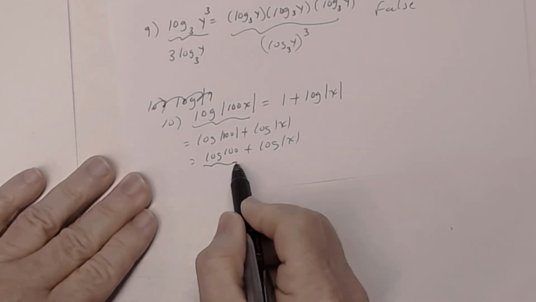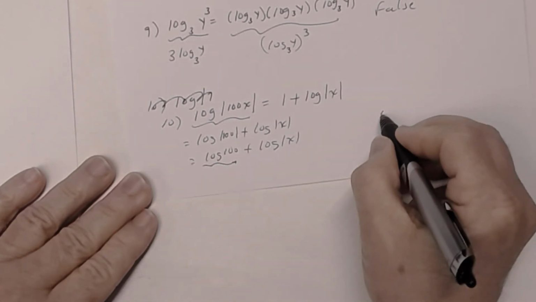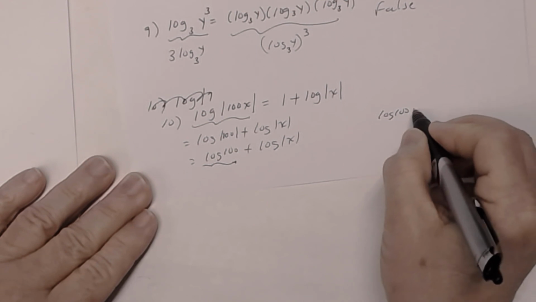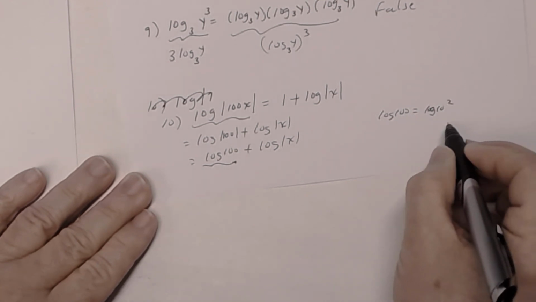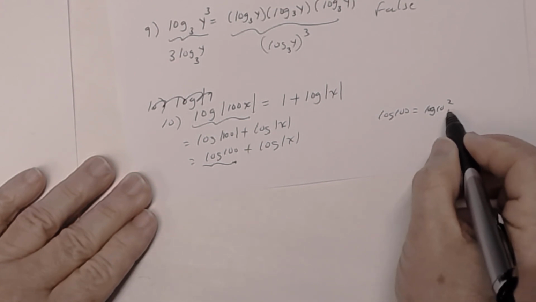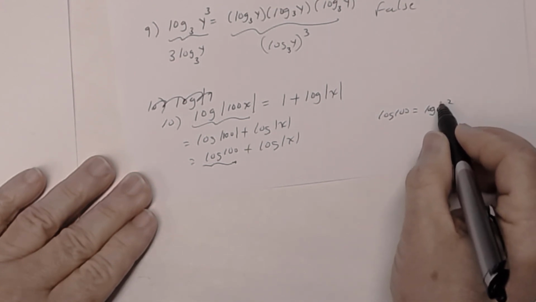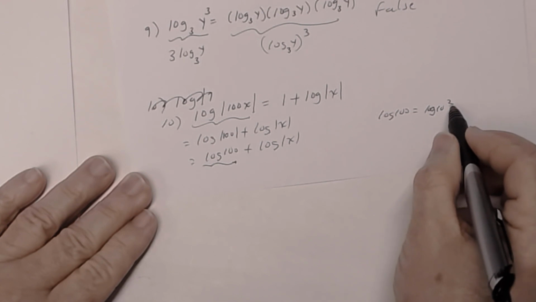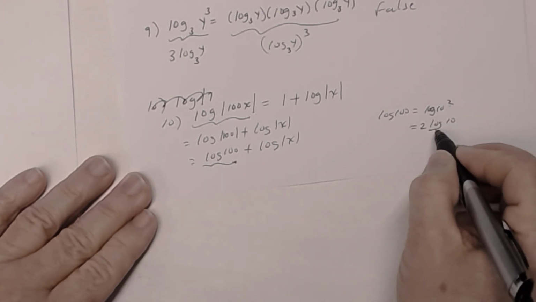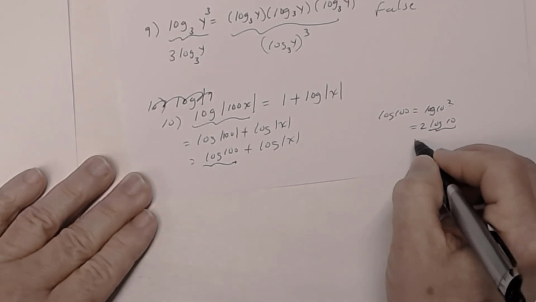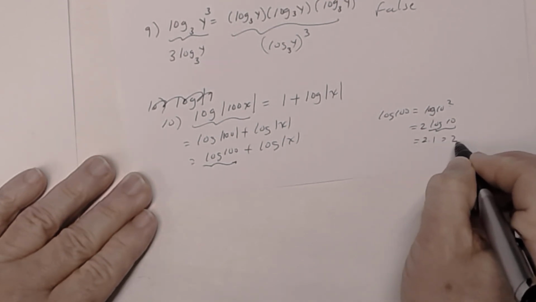Now, remember the log of 100. I can write 100 as 10 squared. Using the power rule, I can write this as 2 log of 10, right? And the log of 10, remember, is just 1. So that's 2 times 1, which is 2.